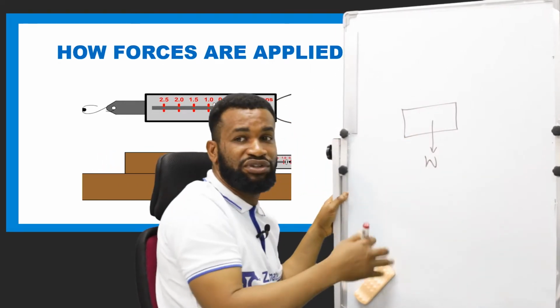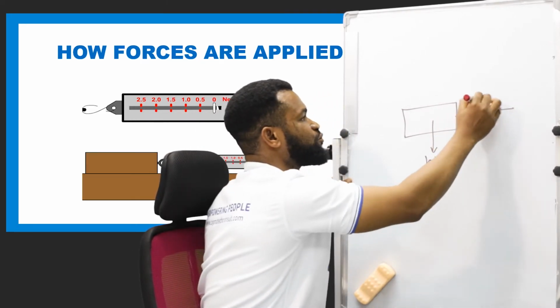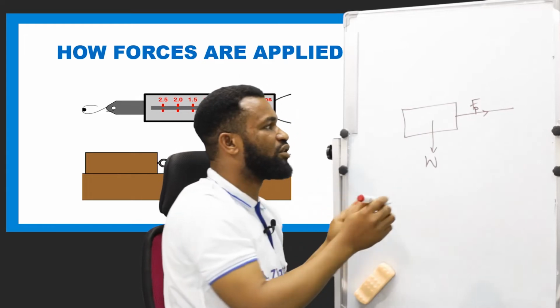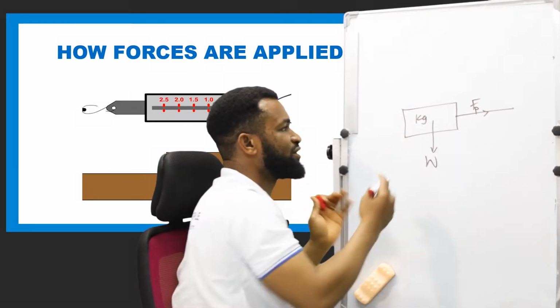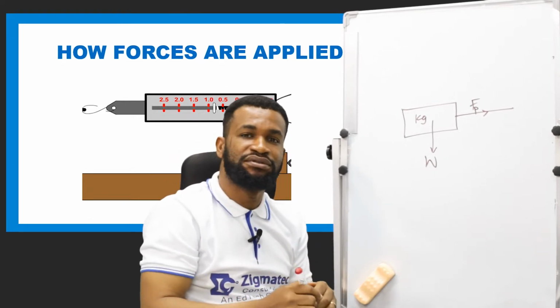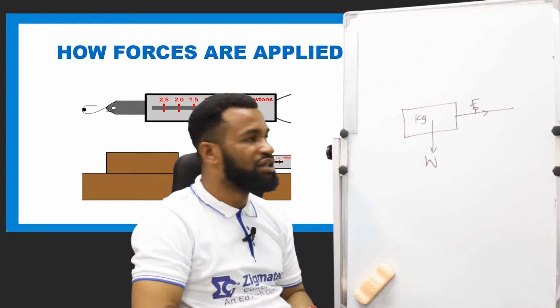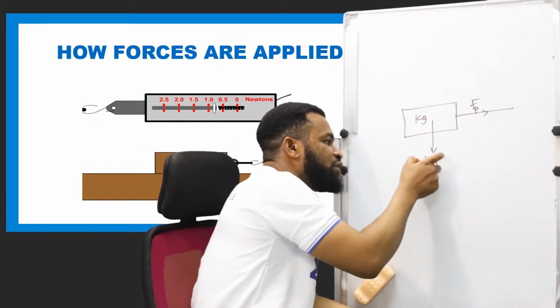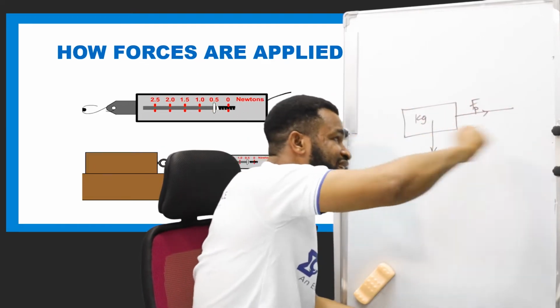Remember, I put an arrow to show that it's a vector. And there is another force applied in this direction, FP, mostly called the applied force. And then it is in kg, that means it has a mass. So these are two forces acting on a body. But at the end, irrespective of the weight of the body, the force pulling this body was able to take it away.